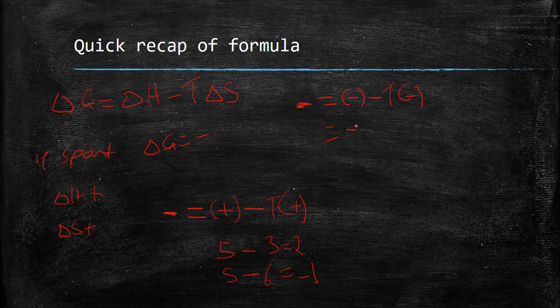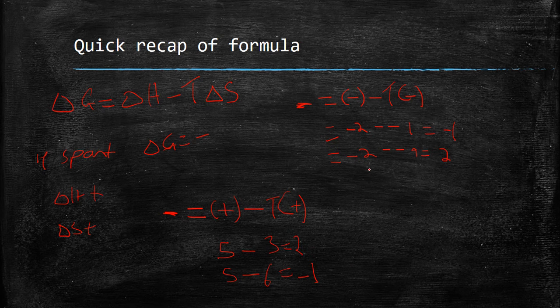We got negative maybe 2, subtract negative 1. So negative negative is a positive, so that'll equal negative 1. Let's see if I raise T, what happens. If I have negative 2 minus minus, let's say 4, that's going to give me 2. So it's going to become non-spontaneous when I increase T.